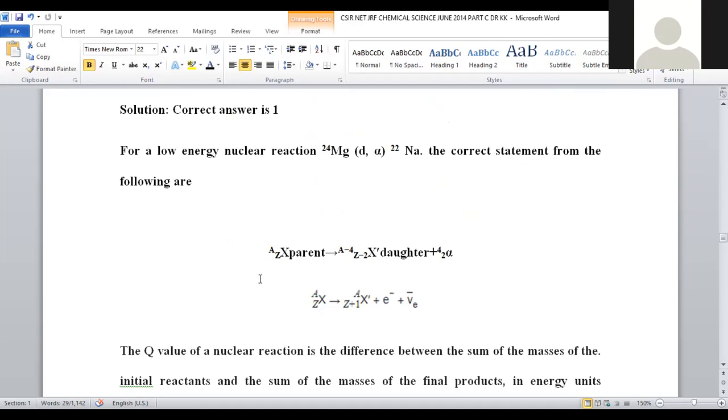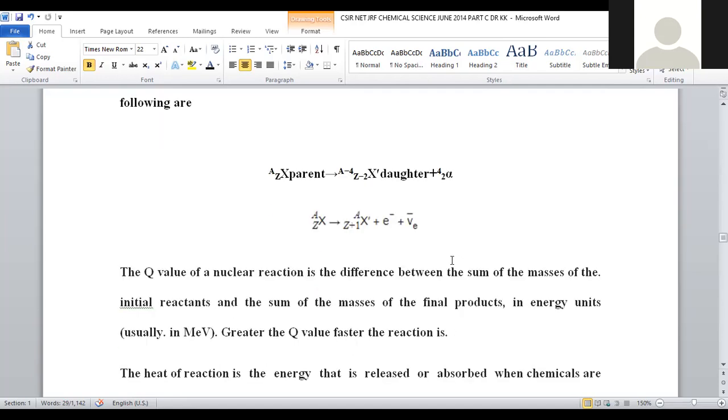So here, alpha decay. Any particle X with atomic mass A and atomic number Z behaves like a parent element, and alpha emission leads to the formation of X prime with A minus 4, Z minus 2. This is a daughter element generated by the emission of an alpha particle, right?